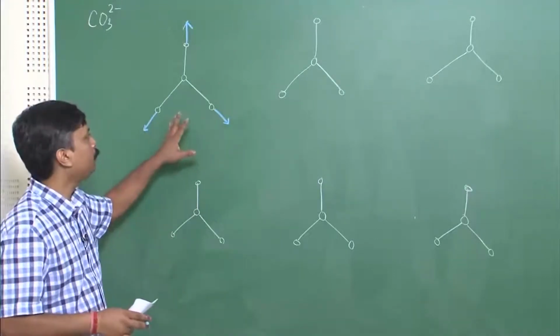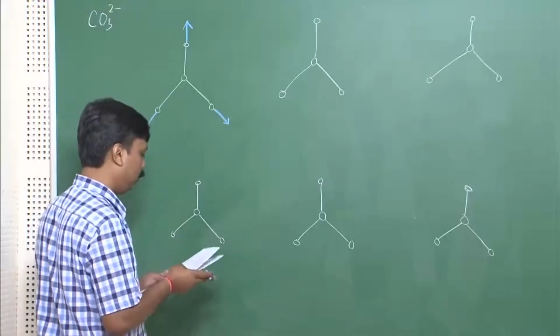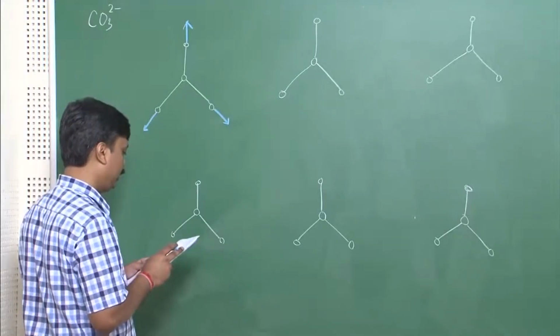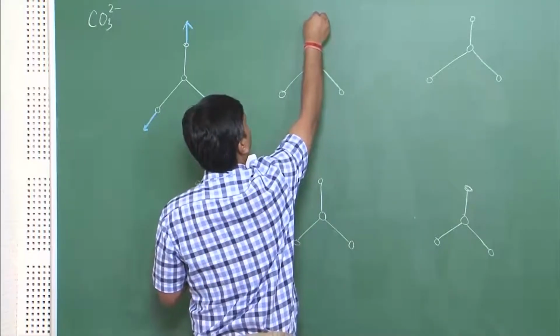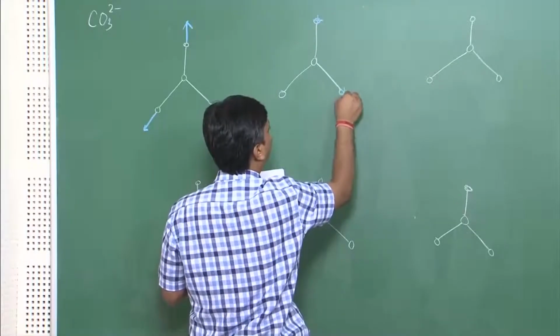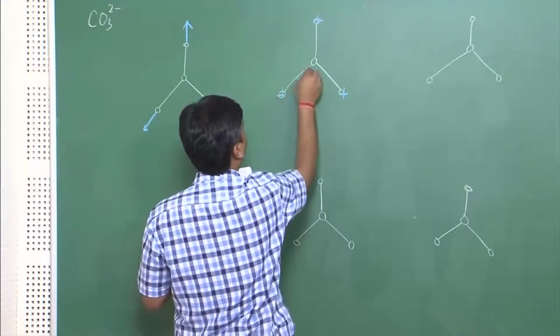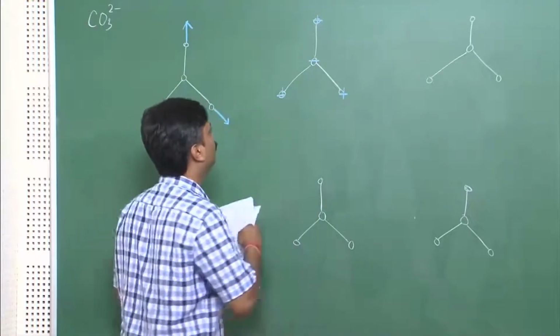Okay. Now let us draw all the other modes, then it will be a lot more clear. Here these are given as signs, plus and minus.